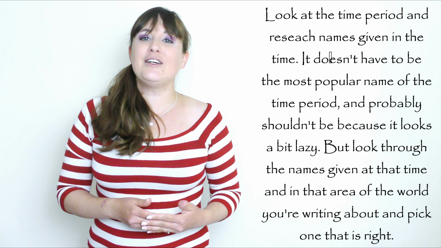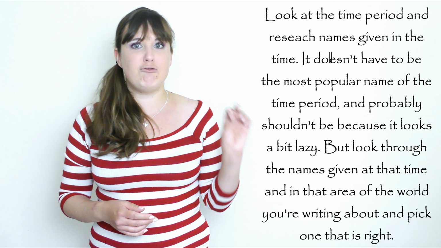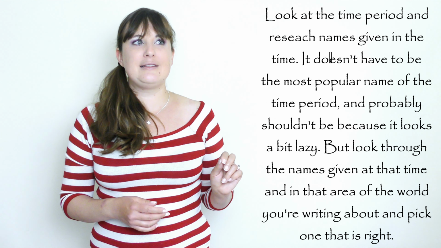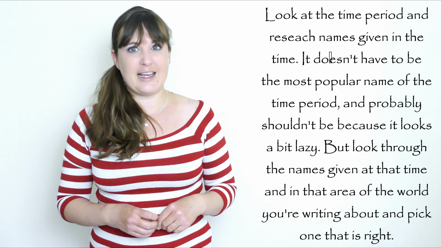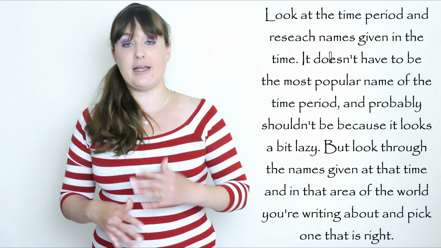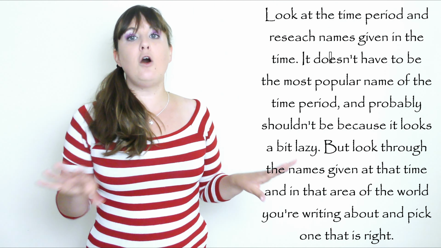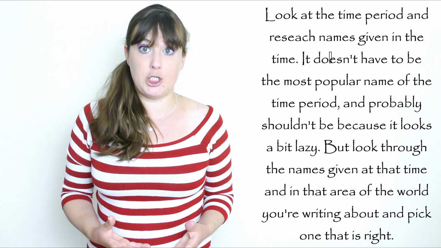So when is your story set? You need to look at the time period, look up names. Now, it doesn't have to be the most popular name for the period. In fact, it probably shouldn't, because again, it looks a bit too easy. So look into the area you're writing about, because especially in olden times, areas were much more cut off from one another because travel was so much harder.